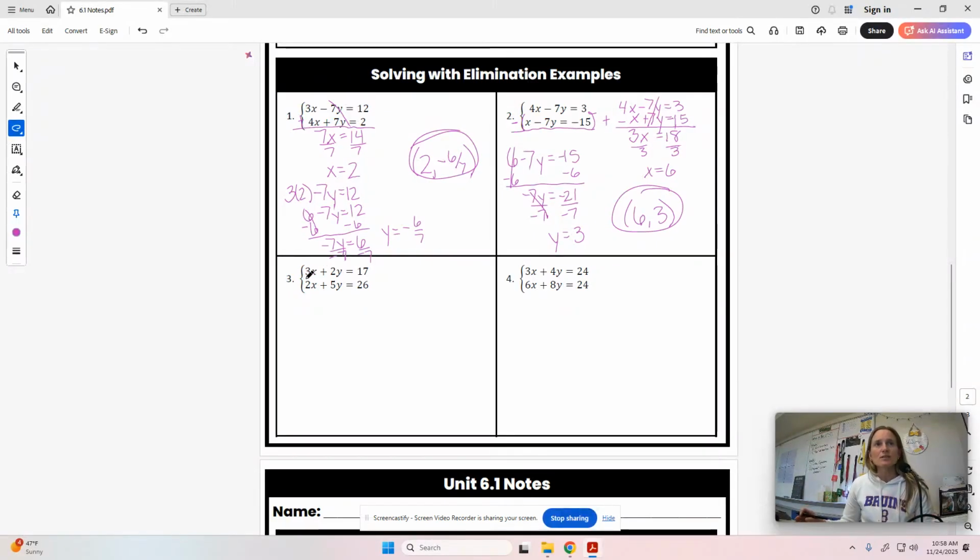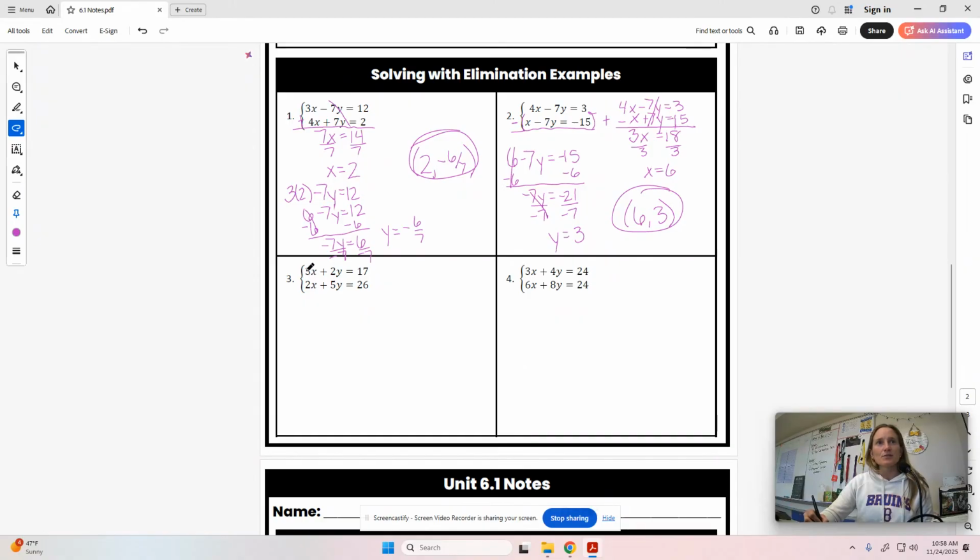I can choose to eliminate x or I can choose to eliminate y, but I'm going to multiply each of these equations by something so that I'm creating the situation that I had in example 1. So I've decided I want to cancel out the x's. I need my two x terms to have the same coefficient, but I really want it to be like in example 1 where it's opposite signs.